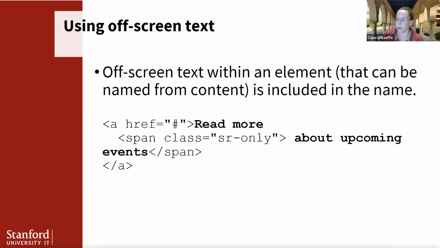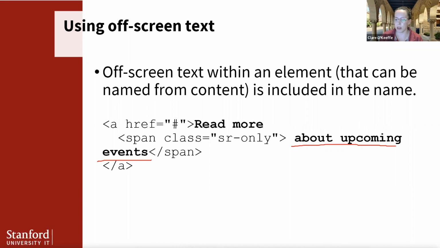Another way that you can supplement the accessible name for something is by using off-screen text. So you can put a span inside of a link or a button with additional text and hide that off screen. You wouldn't use display none, but you would position it off screen. So this text would not be visible on the screen, but it would become part of the accessible name.